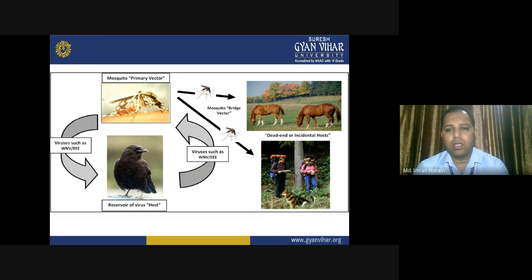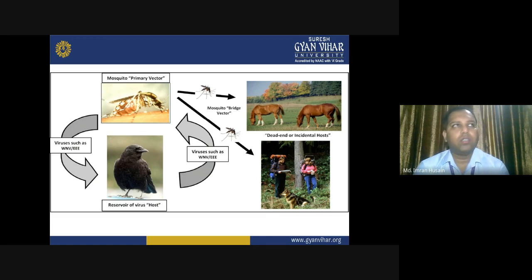So they are known as dead-end or incidental hosts. So the cycle is somewhat between birds and mosquitoes, but the mosquito is also transmitting this disease to mammals, and mammals are dead-end hosts. The disease cannot further travel through them.